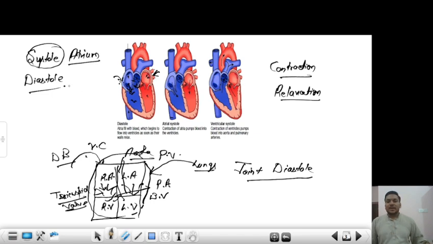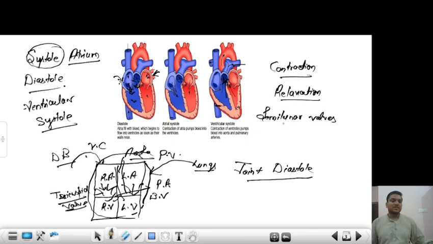Moving forward, in the case of ventricular systole, you can see the ventricles contract, and all the blood passes from the right ventricle to the pulmonary artery through a specialized valve known as semilunar valve.